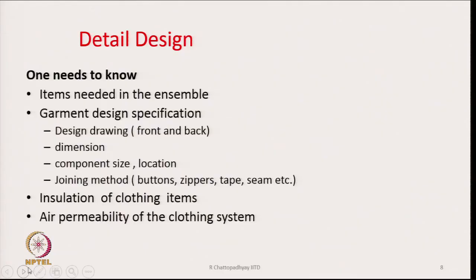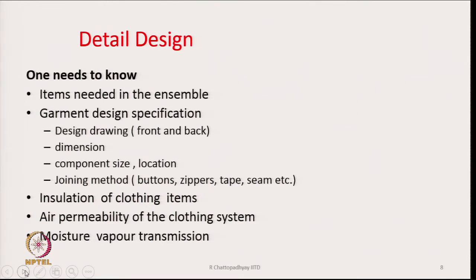Insulation of clothing items, that is, what is the insulation value of the various clothing items that are going to be used, which can have some role to play in the overall insulation of the ensemble. Air permeability of the clothing system. It is not just one single fabric that will matter. The ensemble consists of layers of fabrics.